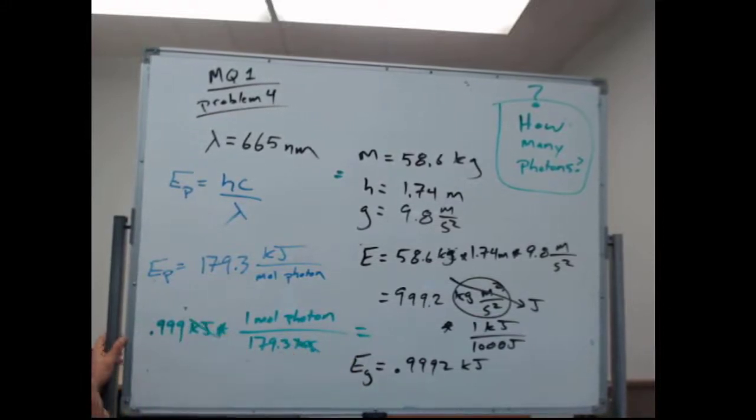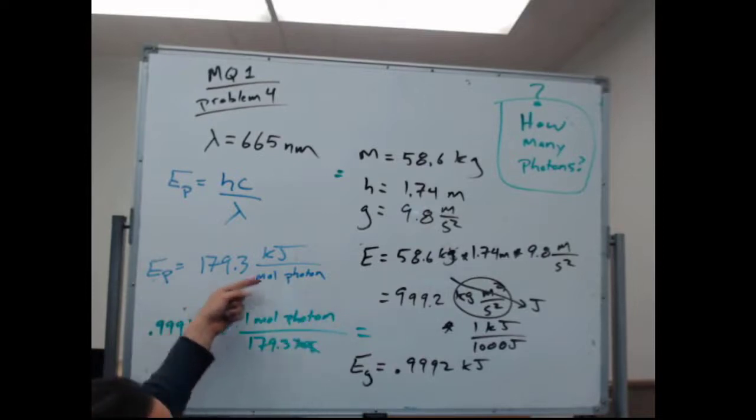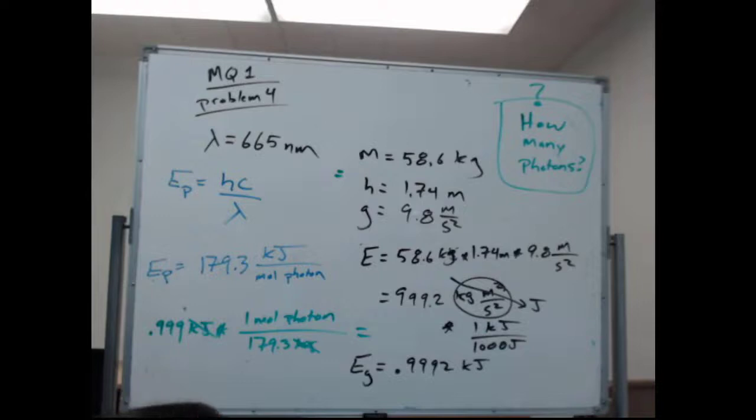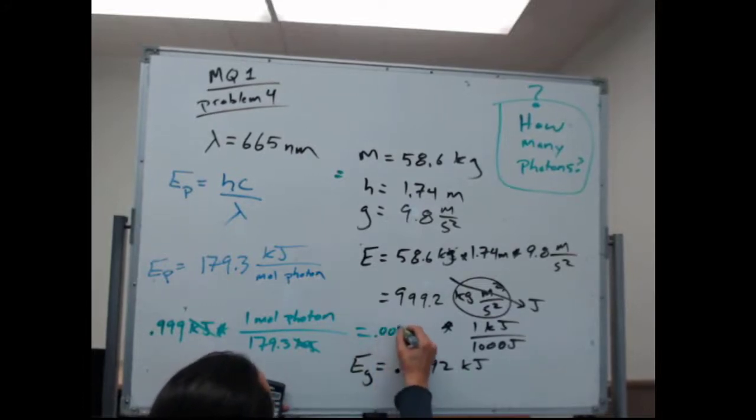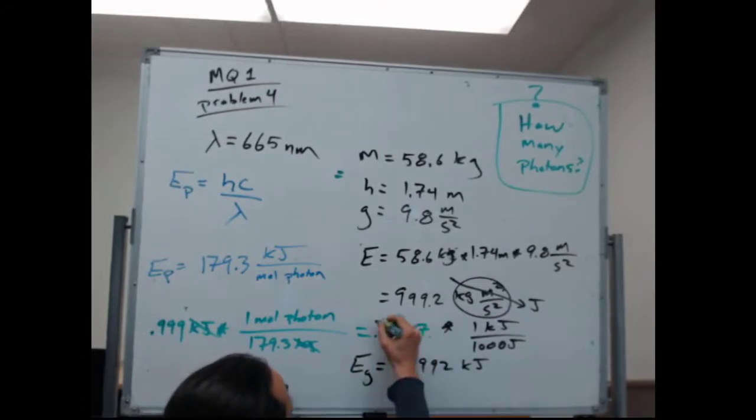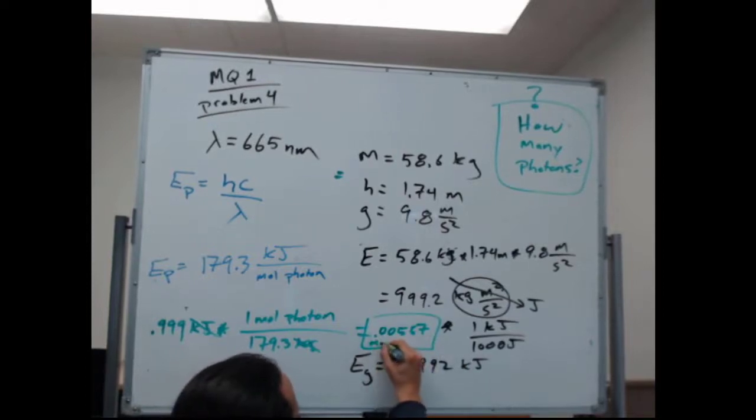The kilojoules will cancel out, and I'll get something that's just in terms of moles of photons. And that'll get us the answer. So I'll take that 0.999, divide by 1,000, divide by 179.3, and if you had my numbers, you should get something like 0.00557 for the final answer.